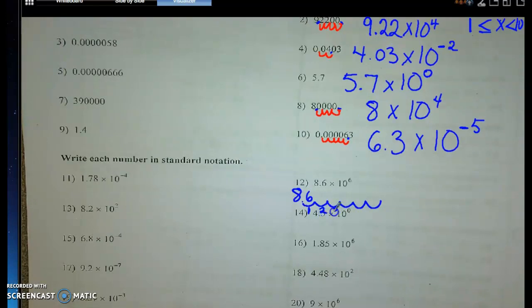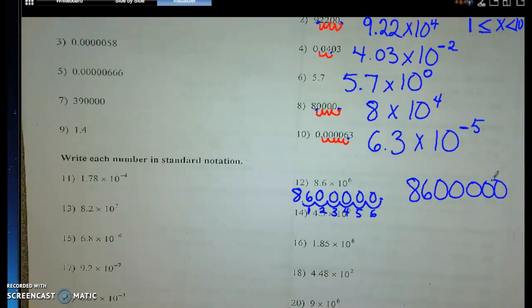Okay, so that is all of the spots that I had to move it. Now all of those spots, we're going to move it, and we're going to have our decimal right there. Each of those spots, we have to fill it with something. We're going to fill it with zeros. So that means our answer is 8, 6, and then 5 zeros.